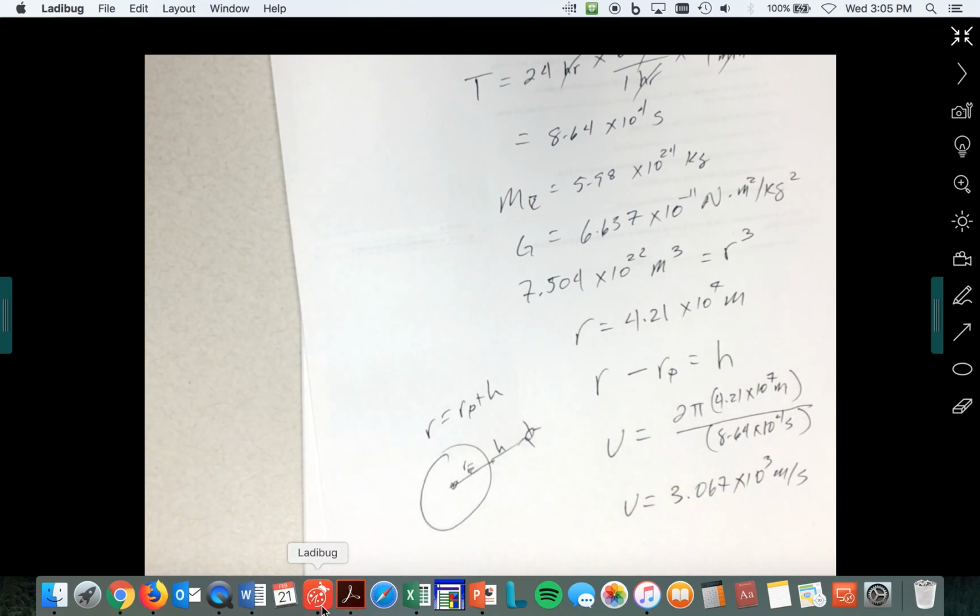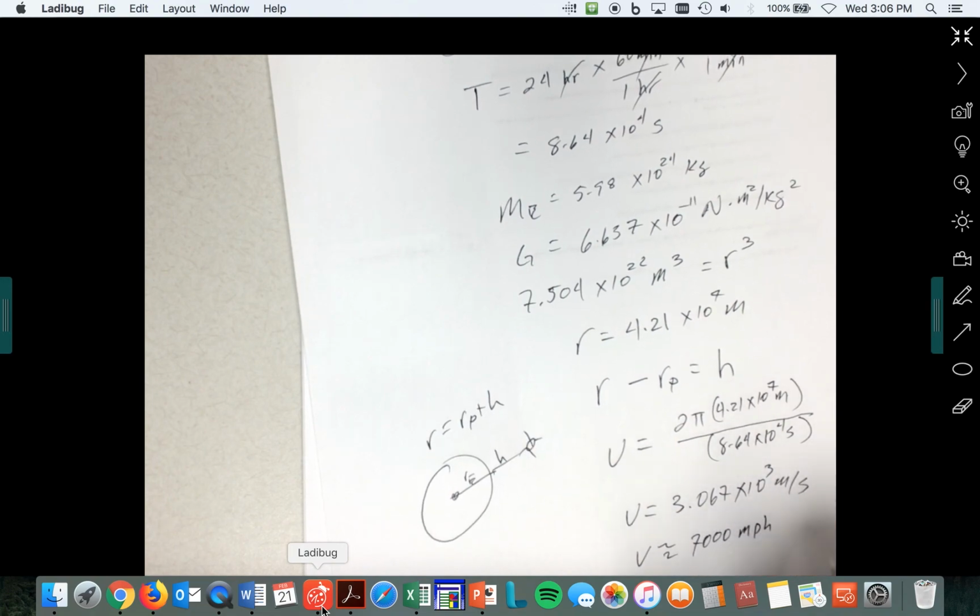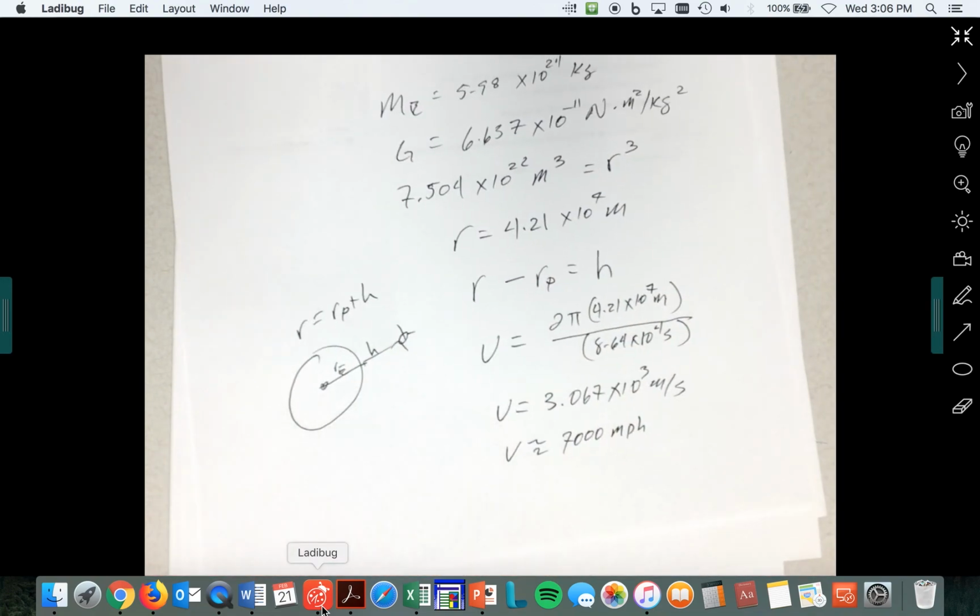Converted to miles per hour, it's about ballpark 7,000 miles per hour. That's how fast those stationary satellites are flying around the Earth. Spy satellites are even faster. Escape velocity, I think, is around 17,000 miles per hour. Cool beans. I love it.